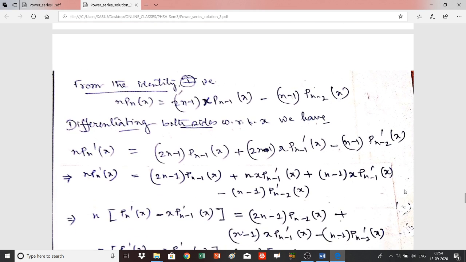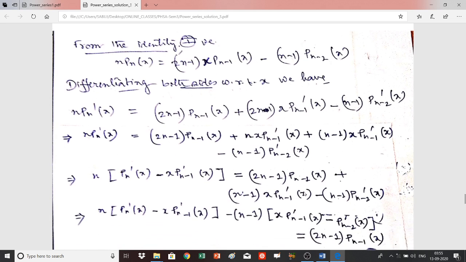And then from the next term, n into Pn prime x is equal to (n minus 1) P(n-1) x plus, just write this term as, since 2n can be written as n plus n, so n plus n minus 1, three terms are there, so write here n into x P(n-1) prime x, and the left term in this case is n minus 1, so n minus 1 is written here x P(n-1) prime x, and then minus (n minus 1) P(n-2) prime x.